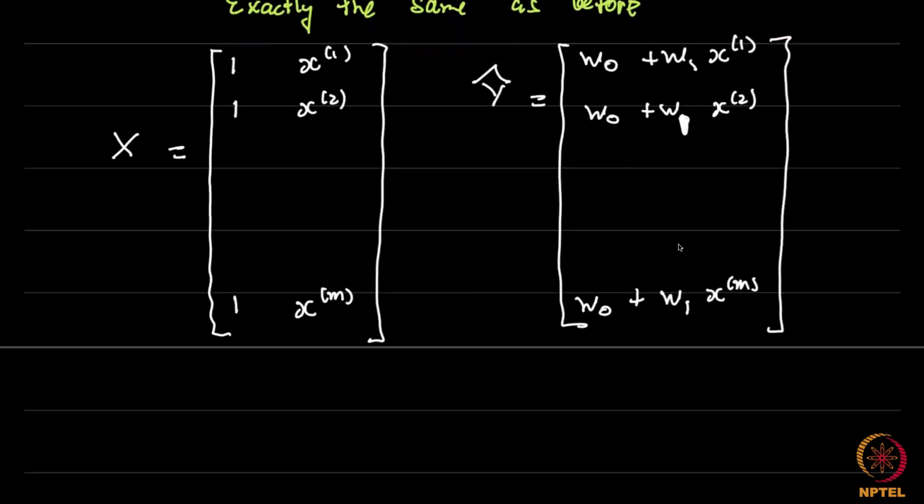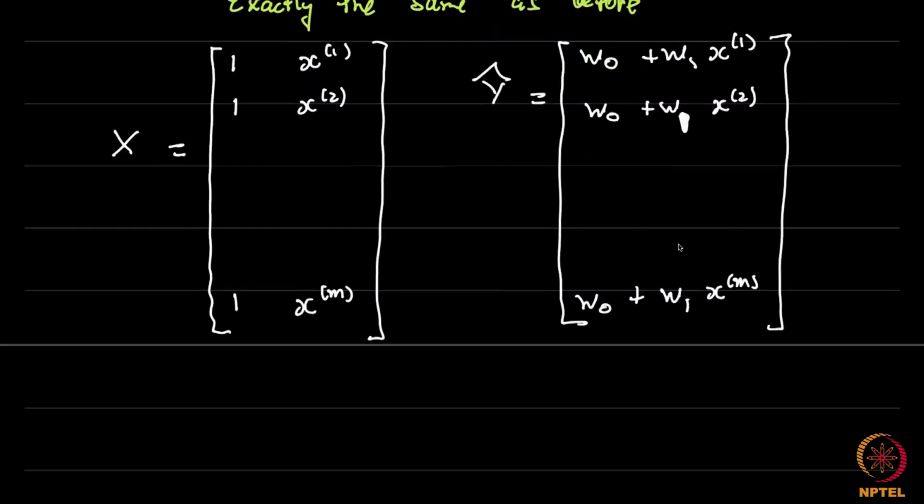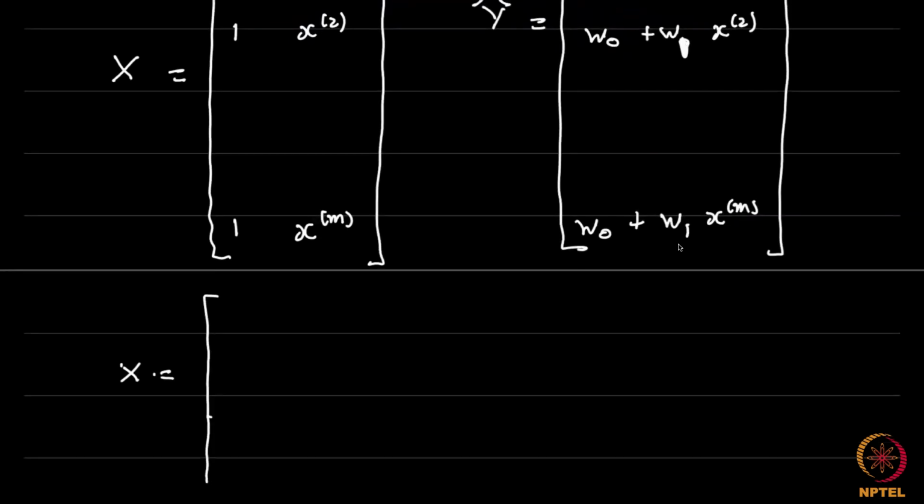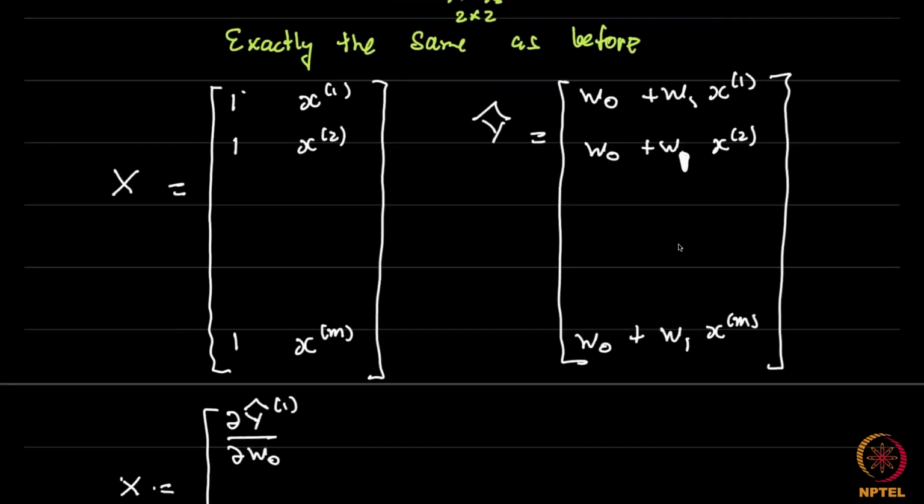Now, if you look at the relationship between the y hat and x, it's not immediately obvious, but if you stare at it for a little bit longer, you notice that the first term here, 1, is nothing but del y hat 1 del w naught. How am I saying this? Notice this is y hat 1. So if I differentiate this term with respect to w naught, I get 1.